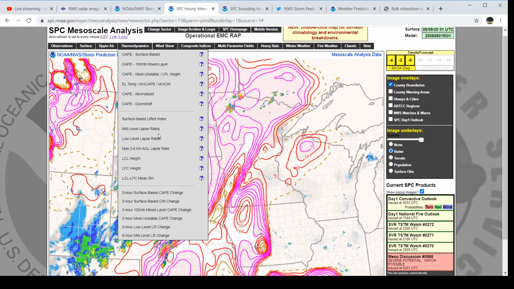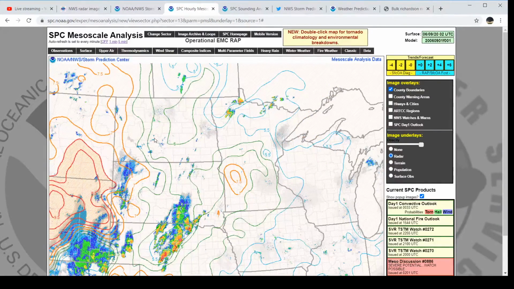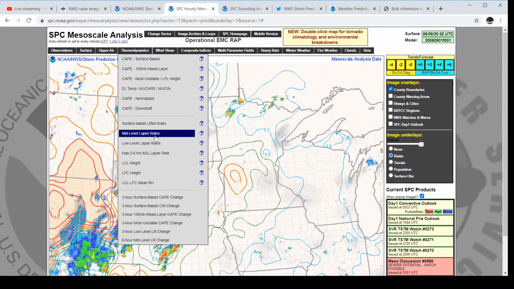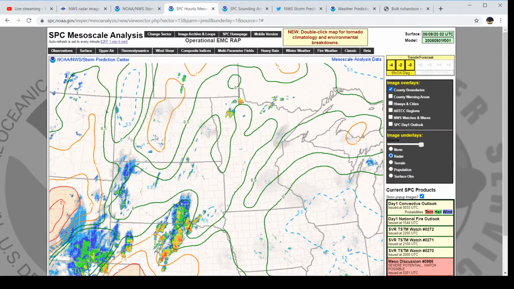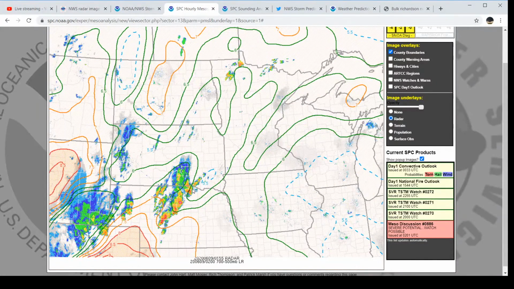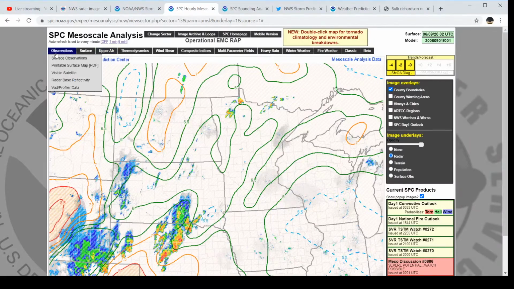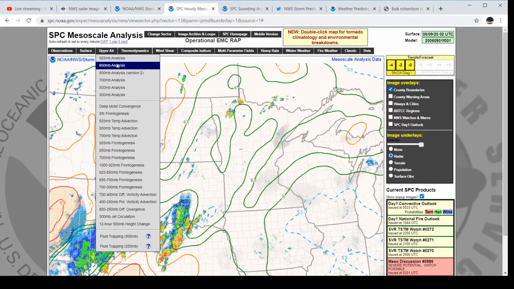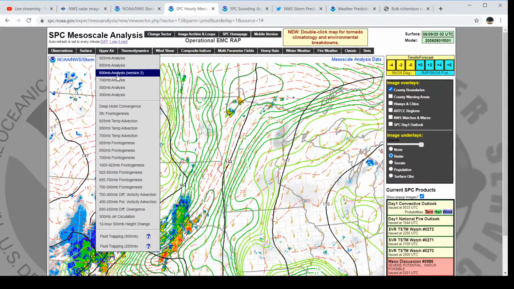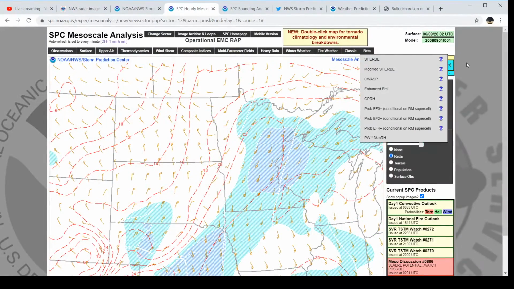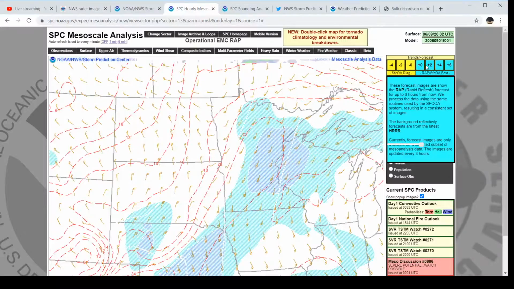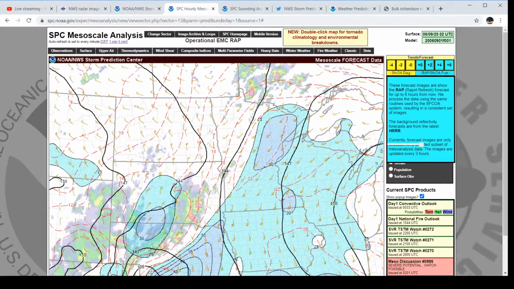But like I said, these low level shears are not the greatest. We got some modest lapse rates, so there's still a chance of hail here and there. But I believe as nighttime falls, this whole system will eventually weaken. We'll see what the low level jet does for the low level shear.